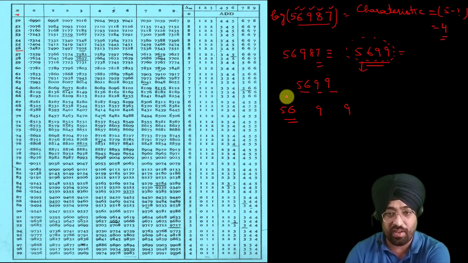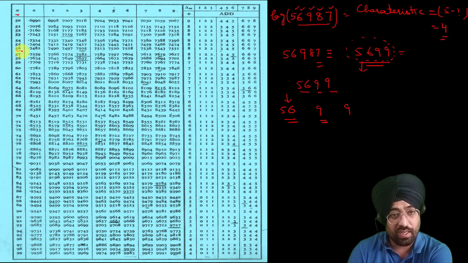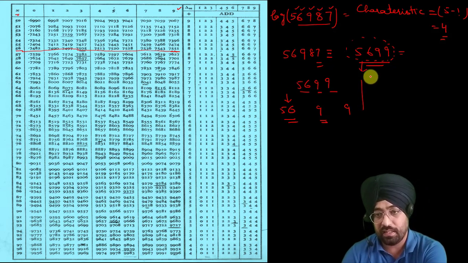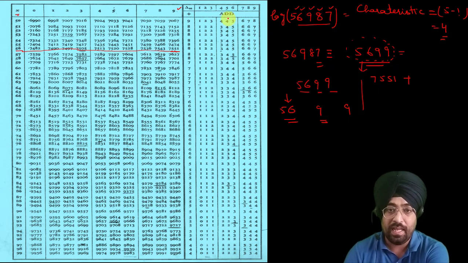Now we have to see the value of 56 in which column? The ninth column, because our third digit is 9. So move the finger from left to right until we reach the ninth column: sixth, seventh, eighth, and this is the ninth column. This is the value of 56 in the ninth column, so it is 7551. I will write 7551 here. Now we have to add the value that we find in this column.